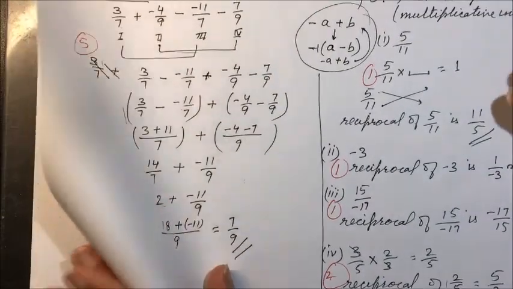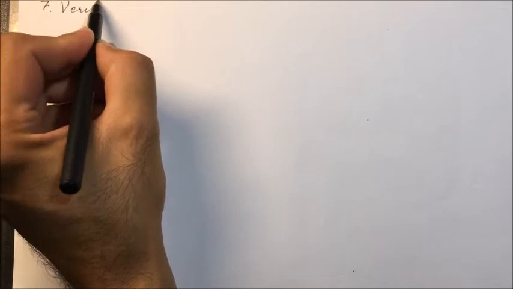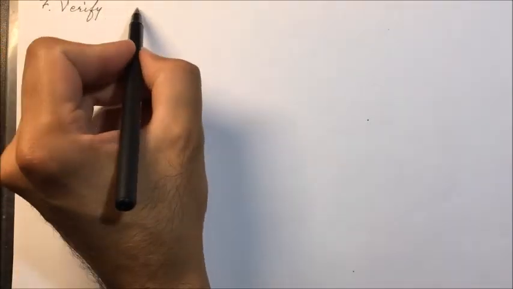Now the 7th question we will be discussing. Seventh question, we have to verify the associative property of multiplication.